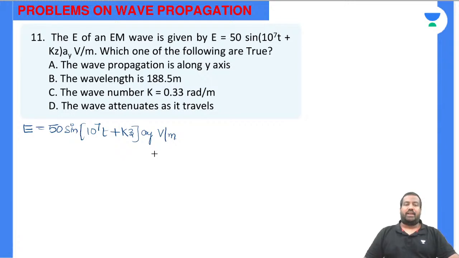Which one of the following are true? Yes, dear. One by one you tell me. A is true, B is true, C is true, D is true. One by one you verify and tell me, dear. Start doing.